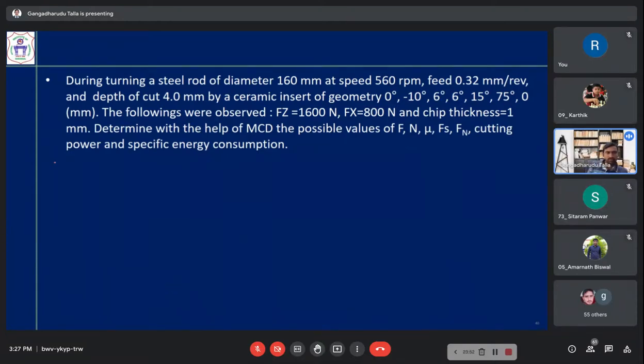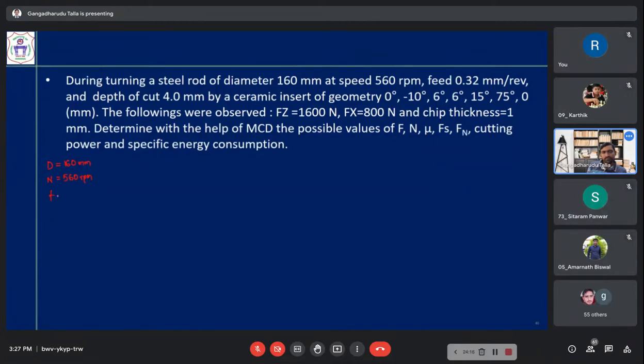So diameter of the rod that you are turning is 160, at speed 560 RPM. So N is equal to 560 RPM.